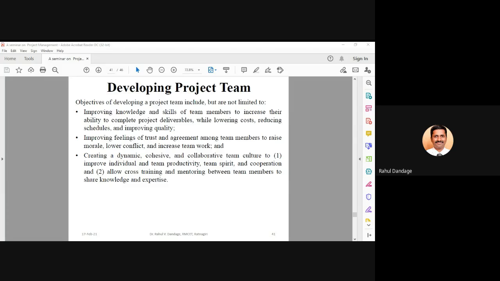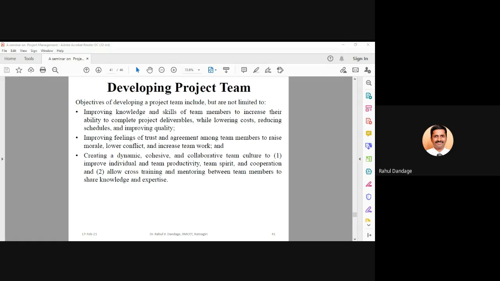They should be trained such that while delivering the project deliverables to the customer, they focus on lowering the cost of the project or the activities. The schedule of the project and activity should be reduced, and the quality of the product, the process, and the project activity should be improved. This is all because whatever efforts you put into the development of the team will result in improved knowledge and skills of your team members.